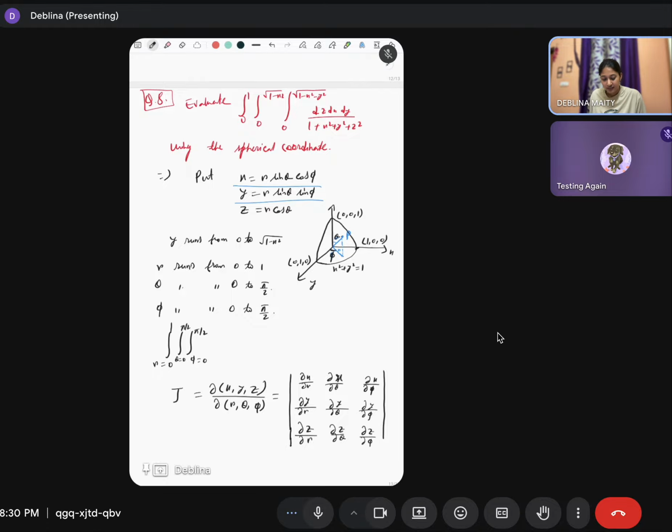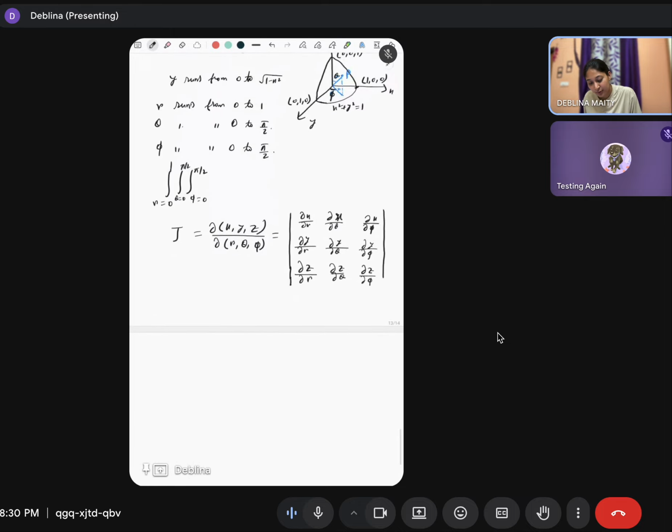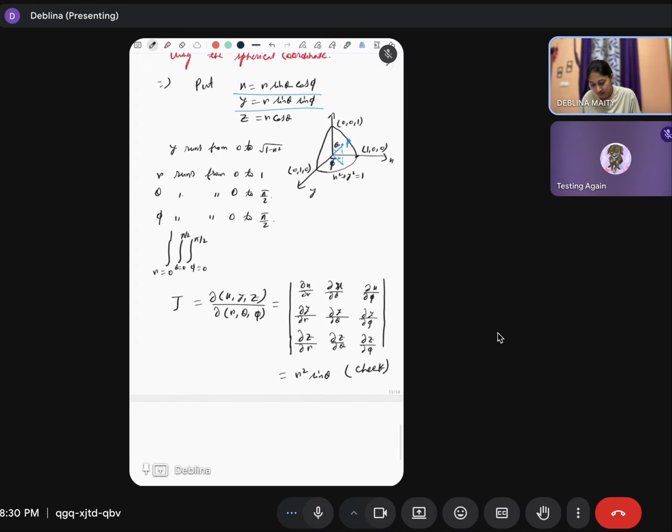Right, this you have to check. So this value is going to be r square sin theta. Check it, okay? This is a simple calculation.